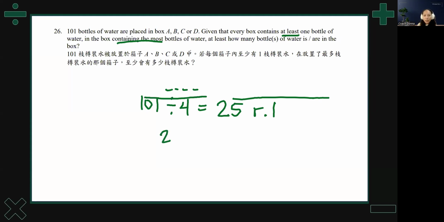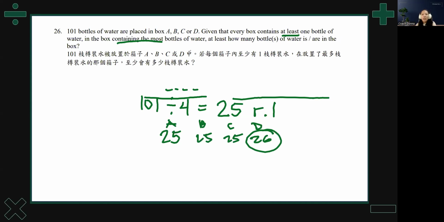So for A you have 25, for B 25, for C 25, and D should have 26 because we have 101 bottles in total. So the box containing the most bottles of water has 26. That's how we answer questions like this.